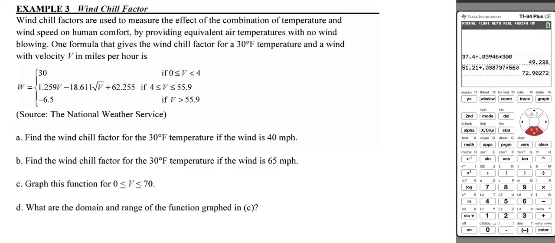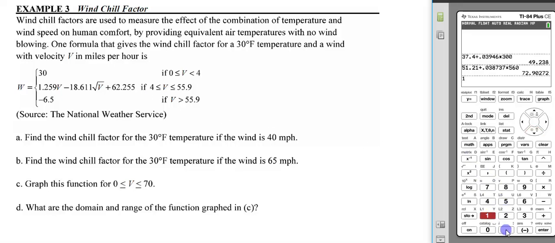So let's find the wind chill factor for the 30-degree Fahrenheit temperature if the wind is 40 miles per hour. If we're talking 40 miles per hour wind velocity, that fits between 4 and 55.9 miles per hour. So we're going to use the second part of the piecewise function. 1.259 times our wind velocity of 40 minus 18.611 times the square root of 40.